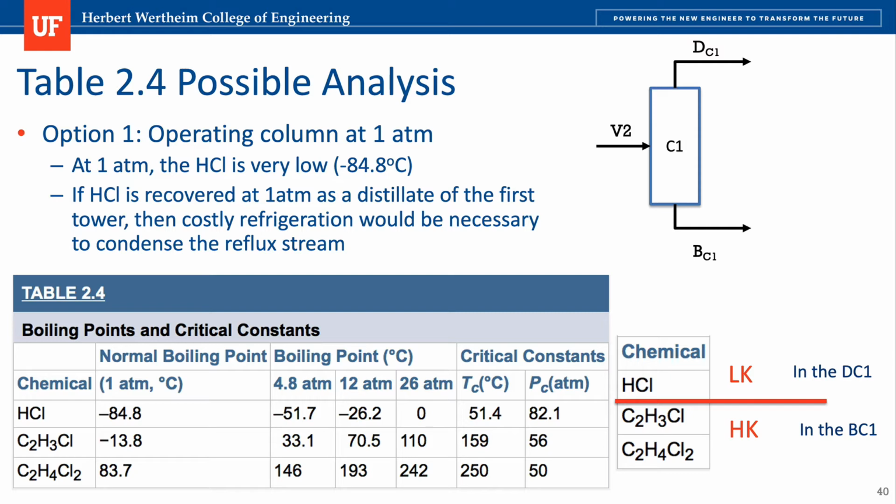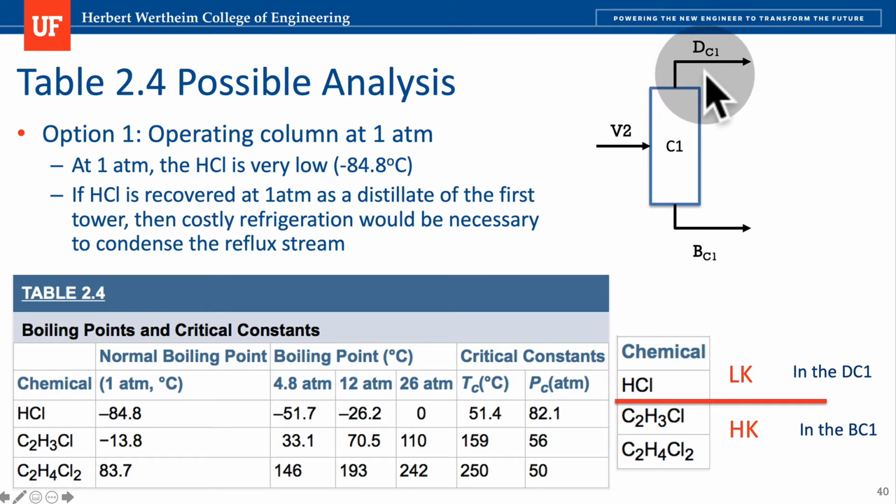That means that if HCl is going on the distillate because it's the light key, and the heavy key is going to be cutting off in the vinyl chloride, then the condenser in the distillate stream has a reflux, so it's sent back to the column.